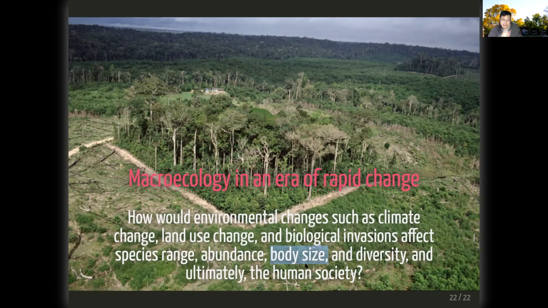So we can see now how these different aspects of environmental change, like climate and land use change, can interact together to affect these different macroecological patterns. This is true for body size, but also think about range size. In this background image, it's a highly fragmented deforested area. This is a rainforest jungle.